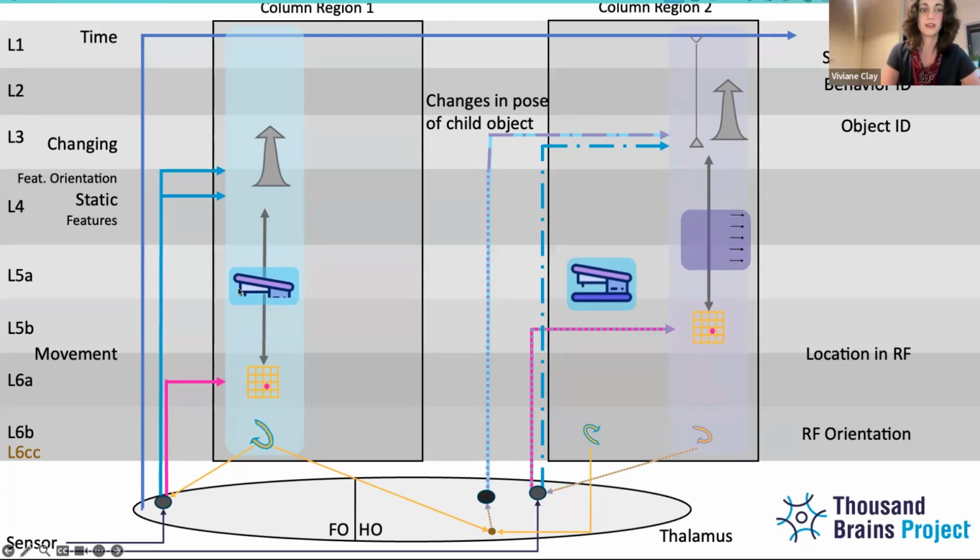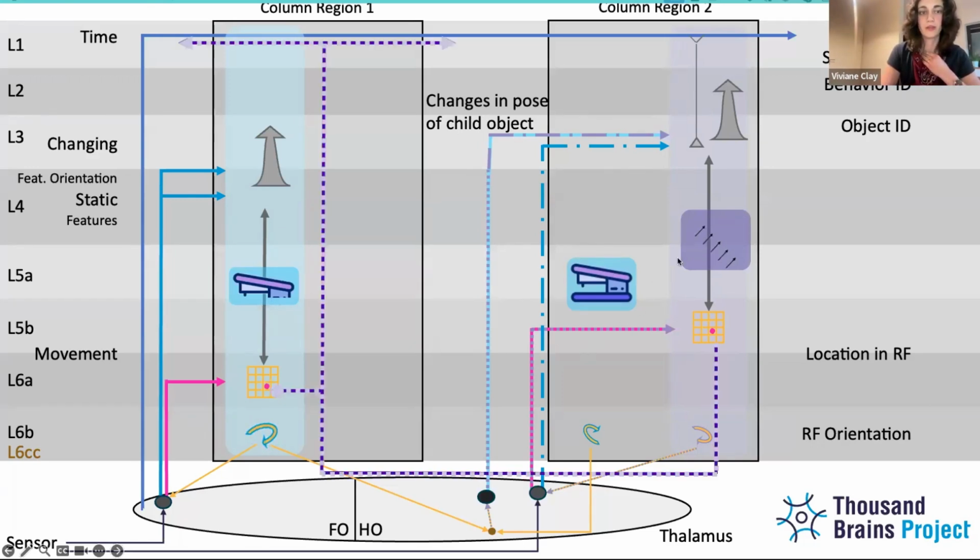So basically, here now in this behavior model in the higher level, we store that the top of the stapler is changing its orientation over time. And we can then use back projection, which tells where we expect to be in the child's reference frame, so which features to expect. And then we can have this layer 6 CC projection, which updates the expected orientation of the child object. So up here, we store the changes in the pose of the child object, which is the behavior model now.